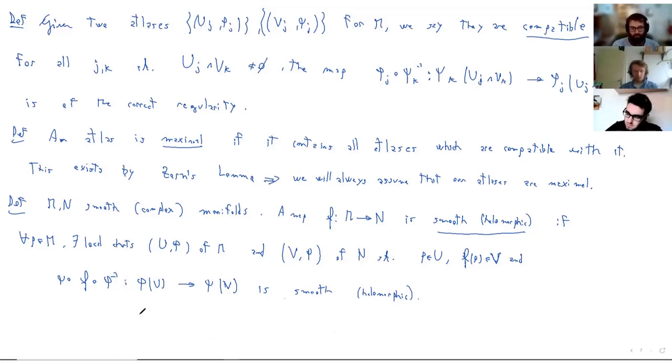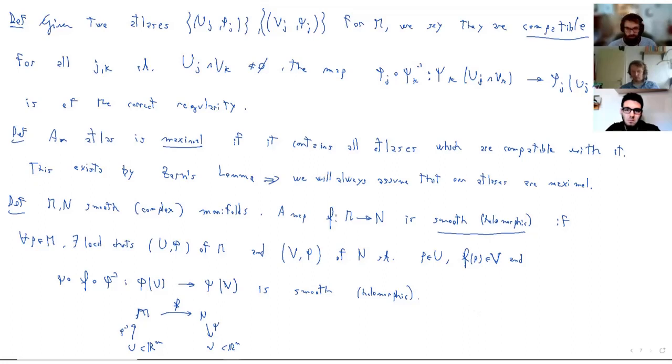Okay, so again, the problem here is that if you have M and N and you have a map F here, we know what a smooth map is only for maps from R^n to R^m, or holomorphic from C^n to C^m. So of course the dimensions can be different. So you're not allowed to just check this, you have to check this locally. So you apply phi inverse and you apply psi, and now this is in our R^n, this is in our R^m, and we know what it means for these maps to be smooth or holomorphic.